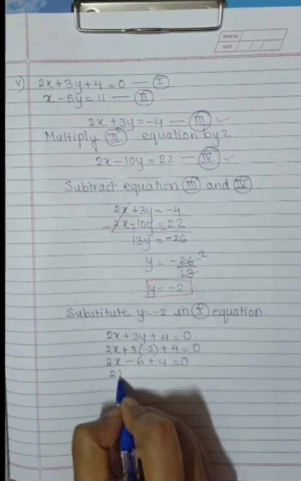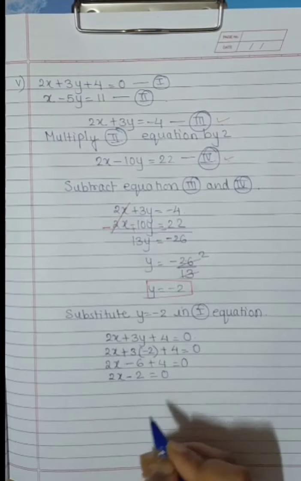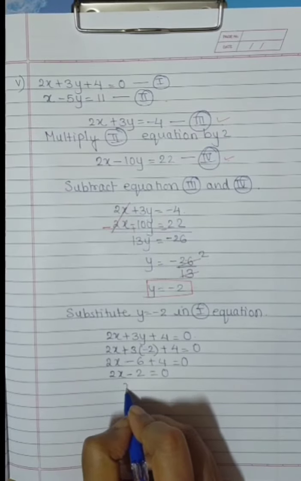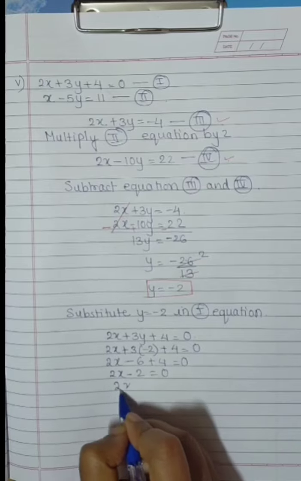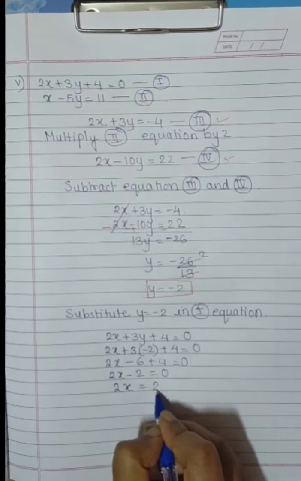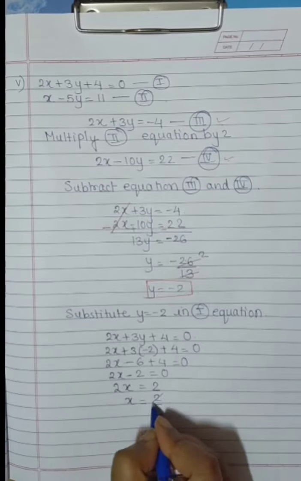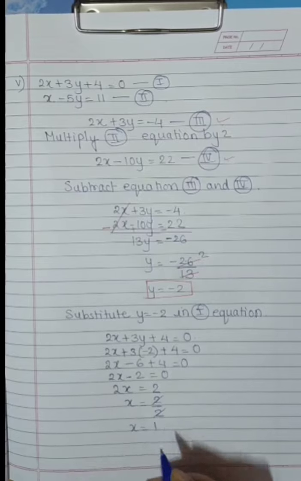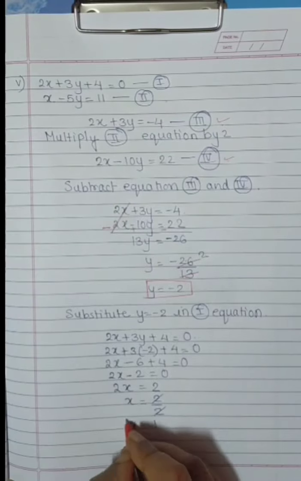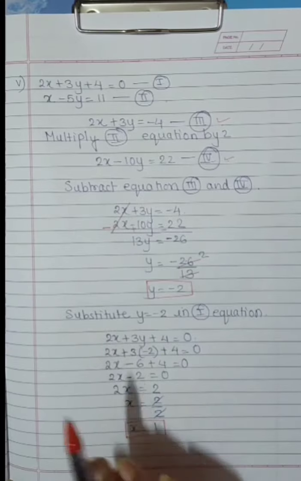Now 2x minus 2 equal to 0. The minus 2 will come to this side and become 2. 2x is equal to 2, so x is equal to 2 upon 2, x is equal to 1. We got the x value as 1. So we have solved question number 5.